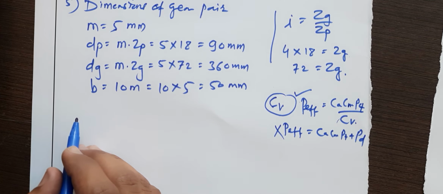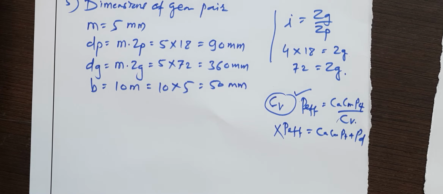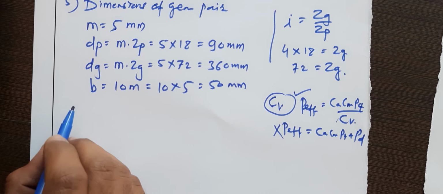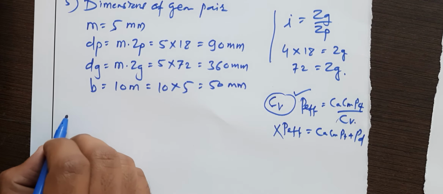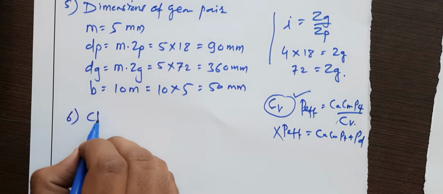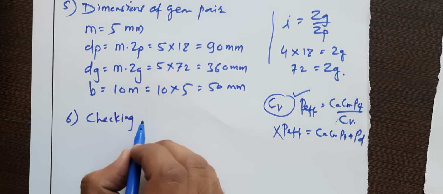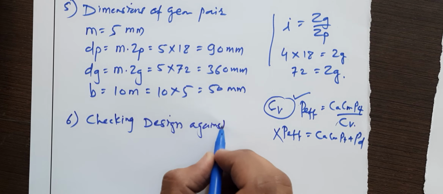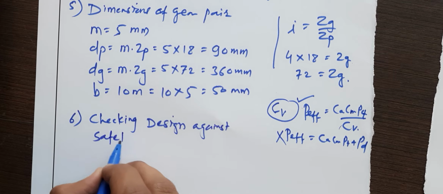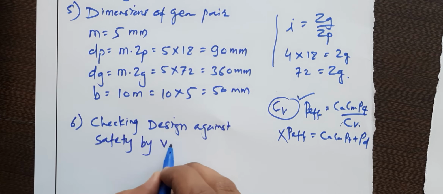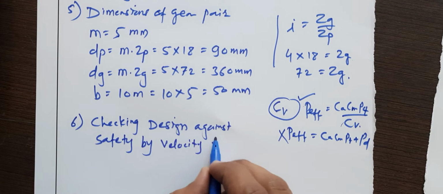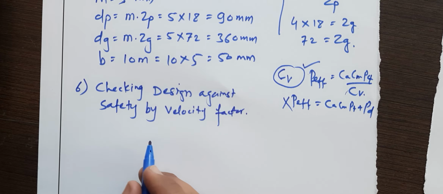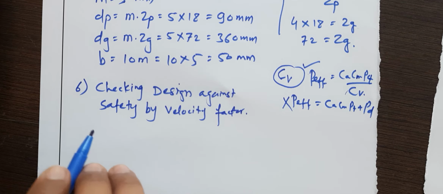Now, you can check whether the design is safe if you want, otherwise there is no need. Still, I am showing you how to check it. Actually, by the velocity factor it will definitely be safe, but if you want, you can check it.